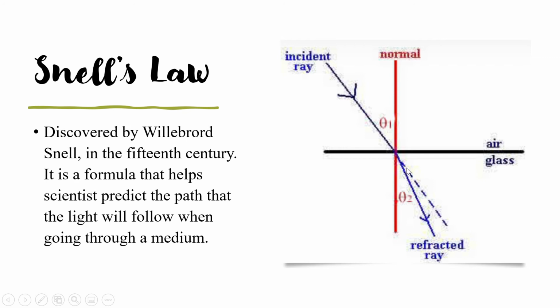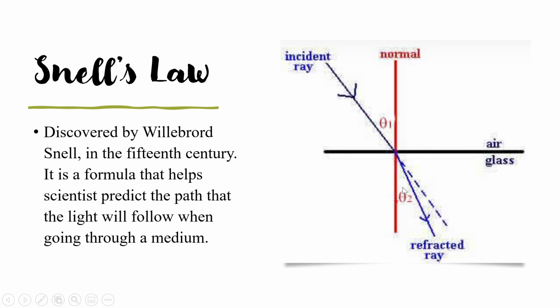If we continue with the same path of the incident ray, you will notice that it will continue its way in this dotted line. But remember that the index of refraction of air and the index of refraction of glass are different, which means that when the incident rays enter glass or water, their path is going to be modified.